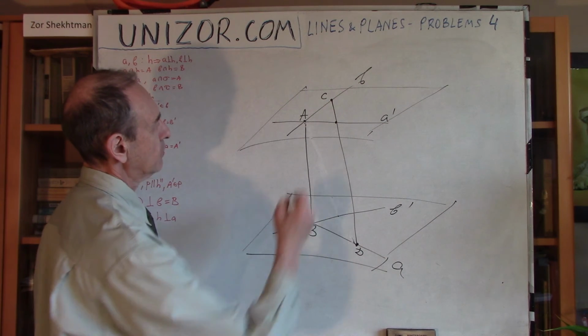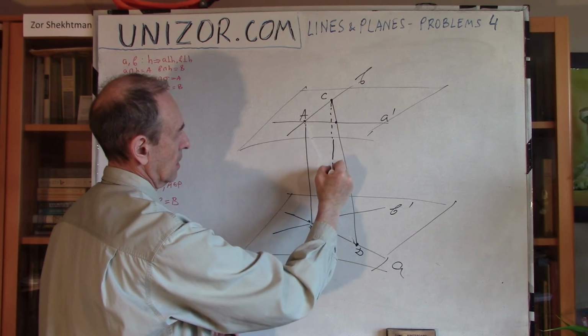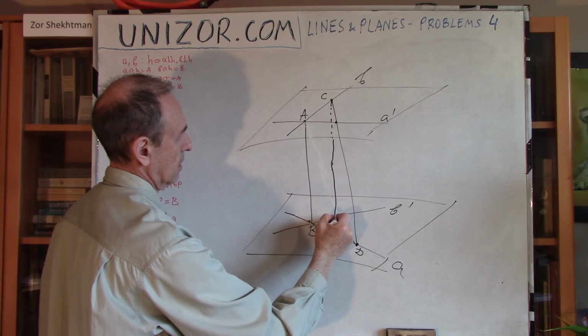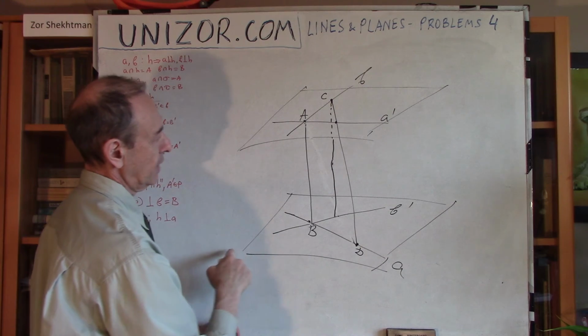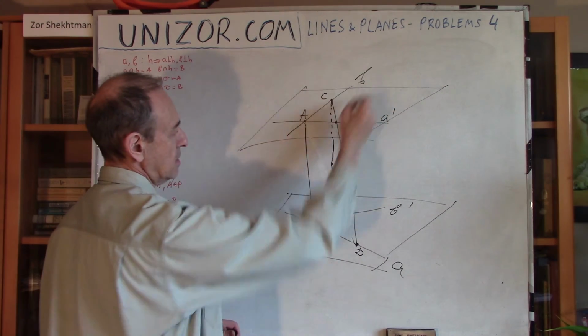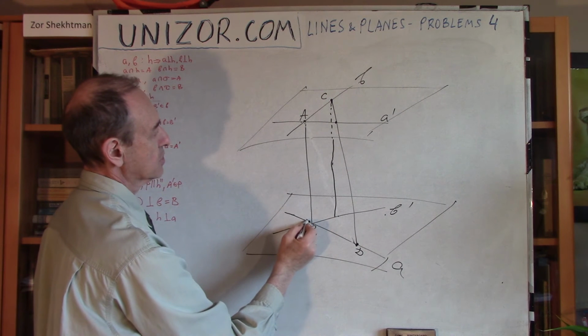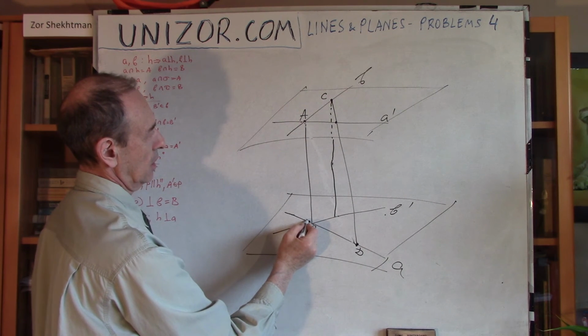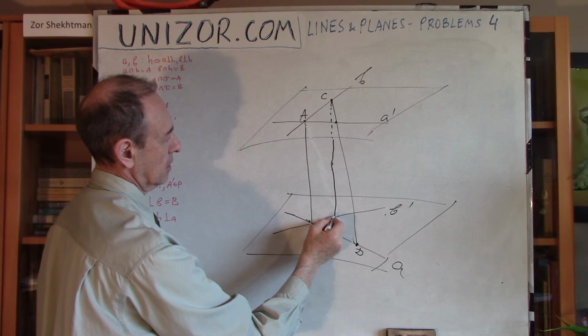Since if I will drop a perpendicular from point C to this plane, since B and B prime are parallel, AB is perpendicular to the plane, and I just drop perpendicular to the plane.